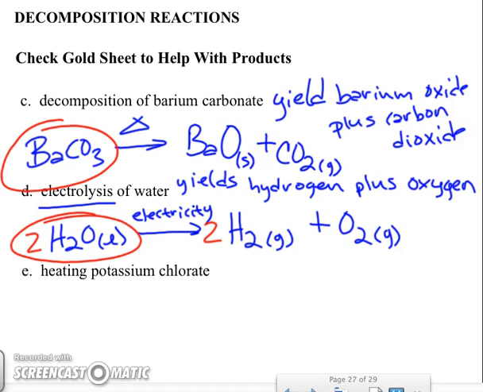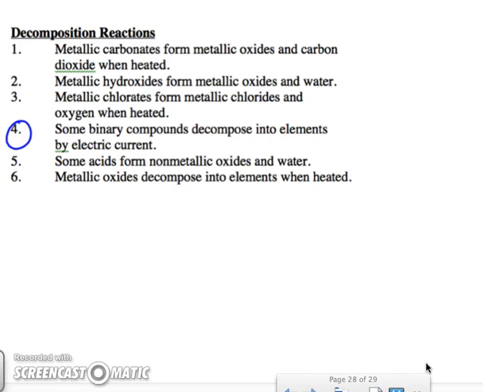Let's take a look at the last problem, heating potassium chlorate. Let's check our gold sheet. We are heating potassium chlorate. We can see that potassium chlorate would be a metallic chlorate, potassium being the metal combined with chlorate.